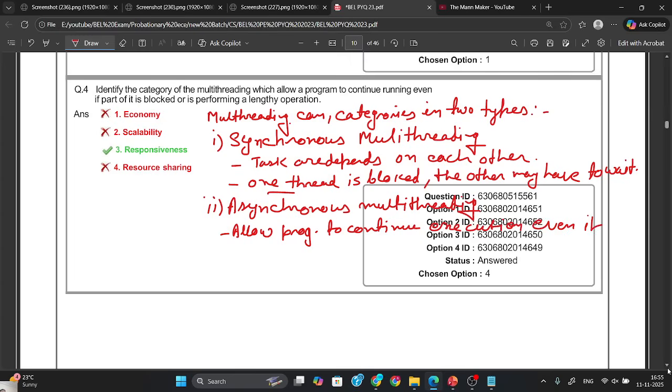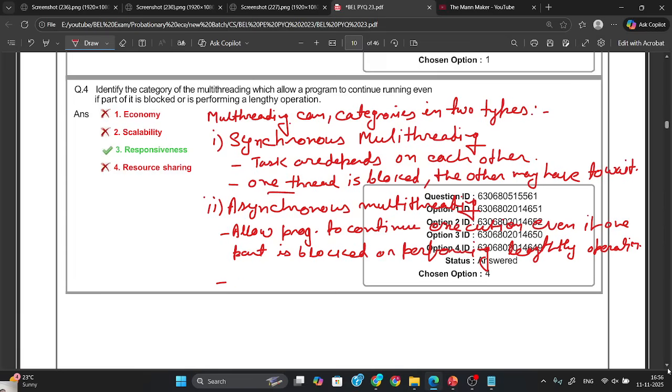So what will happen in asynchronous multi-threading? The process will go on continuously. It will execute operations continuously.